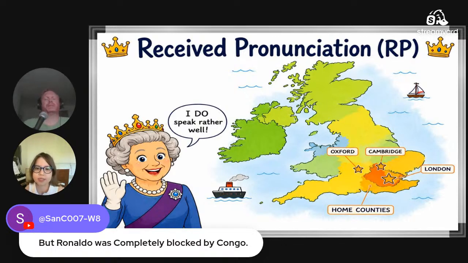RP is received pronunciation. It means how people talk in different parts of England. Well, and the world as well. So there are many different ways to pronounce English, okay? No one way is better than the others.